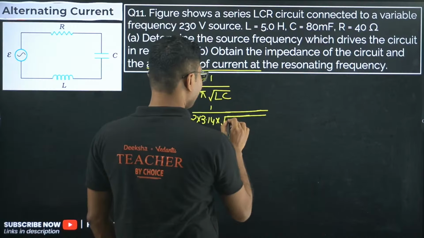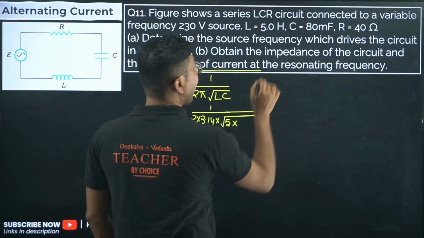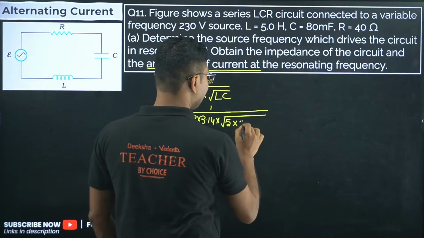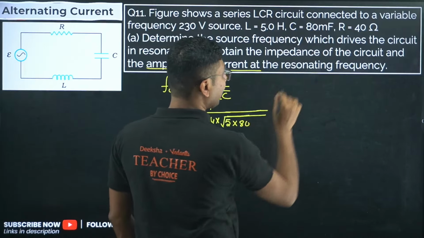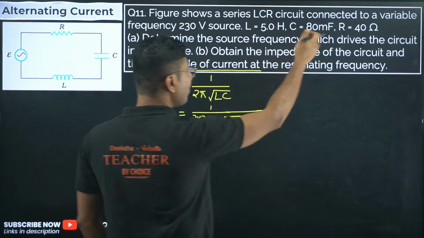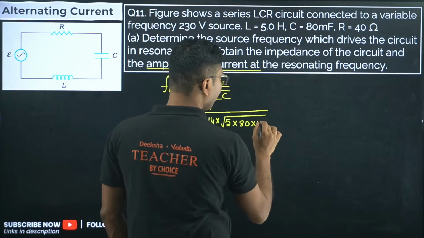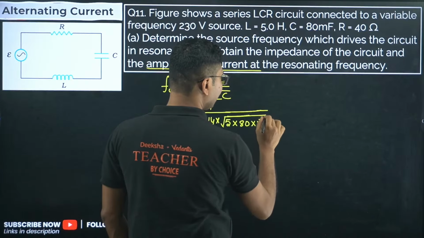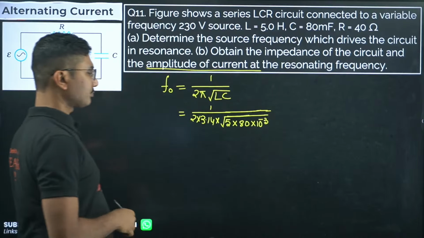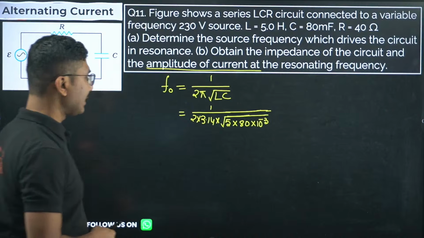So L is 5 Henry and the capacitor is 80. I'm not sure if it is millifarad or microfarad. In the book I saw it is millifarad, so let me use millifarad. Milli means 10 to the power of minus 3.